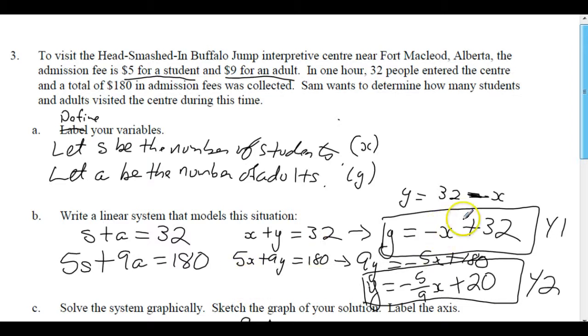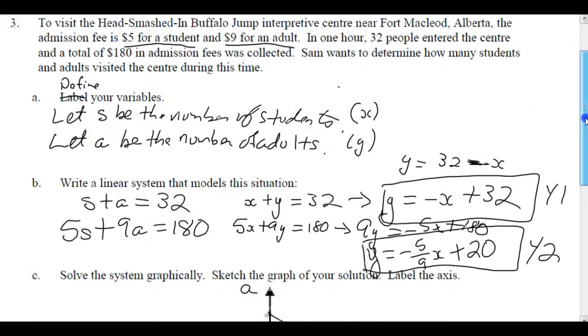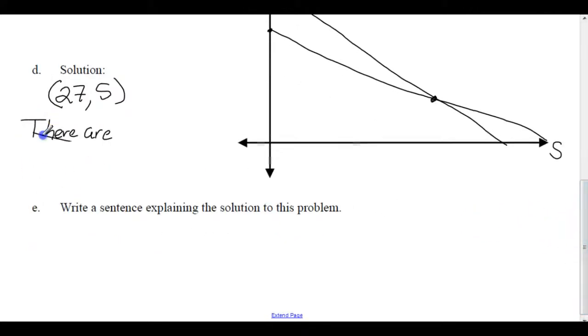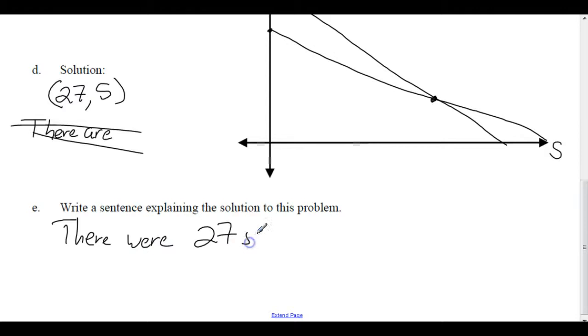In this case, all we know is graphically, and then you write your answer. So there were 27 students and 5 adults, so probably a class trip.